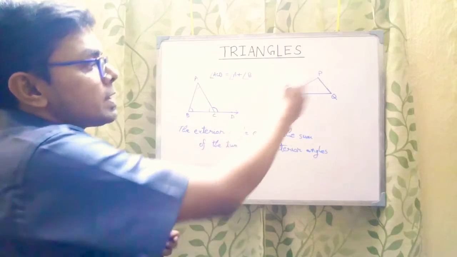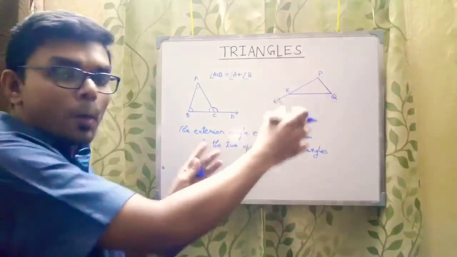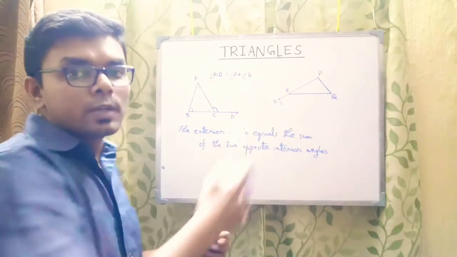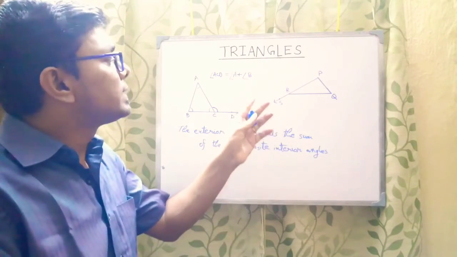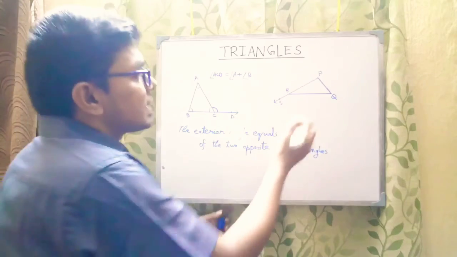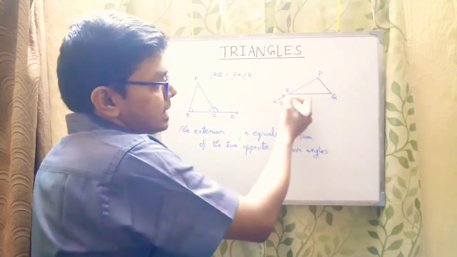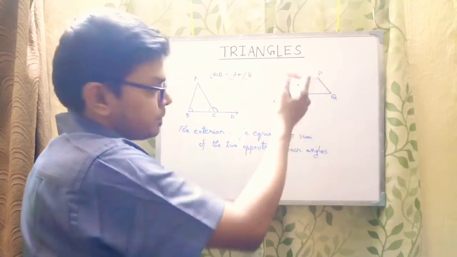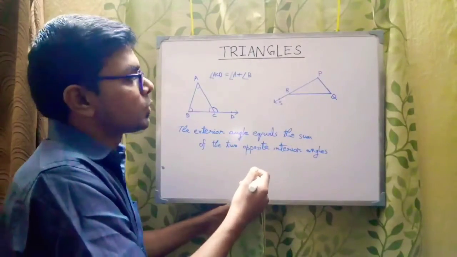I have drawn a different figure here, but the property remains the same. I have deliberately drawn a different figure to show that this can be applied however you draw the triangle. For example, here I have taken this triangle PRQ, or PQR, you can also call it.